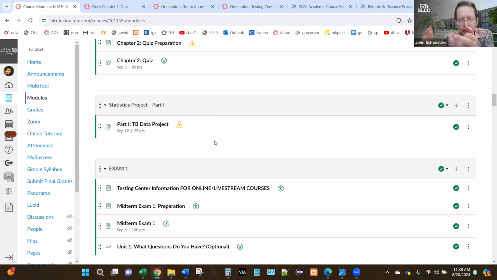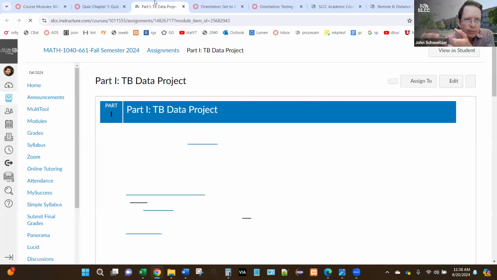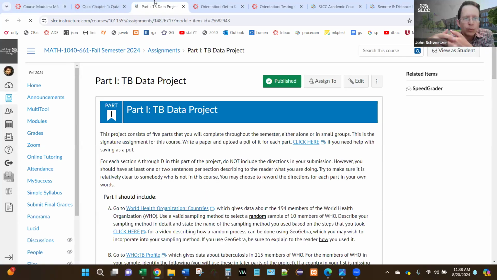It says 5 parts, but really there's 4 parts where you're doing statistical analysis, and it roughly corresponds to the 4 midterm exams. So this part 1 TB data project will be very similar to the stuff you saw on the first midterm exam. And TB stands for tuberculosis.